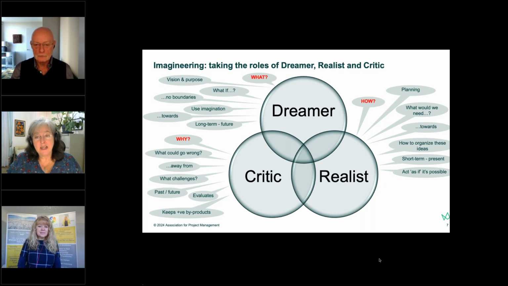So I'm looking at both what happened in the past, and also horizon scanning, looking to the future. What might happen if we put this spanner in the works? This is an extremely evaluative phase. This is where we're finally able to take all of the output richly coming from Dreamer and Realist and really evaluate, okay, in the real world, what would happen if we did do that?